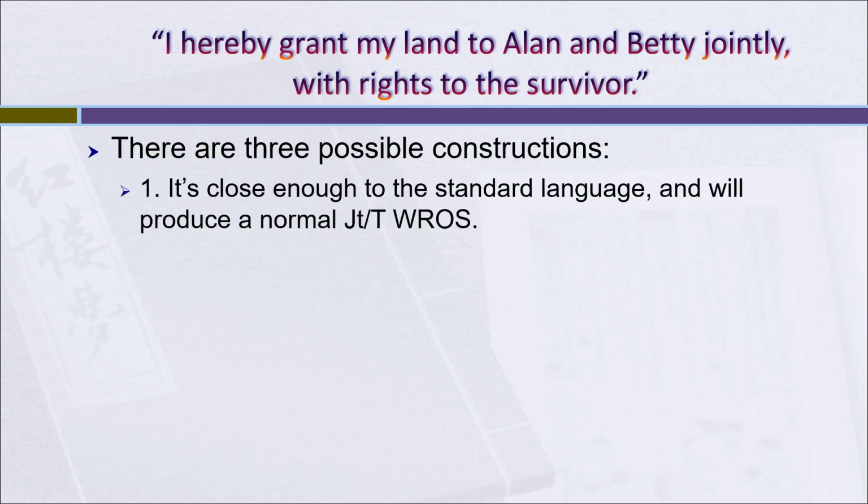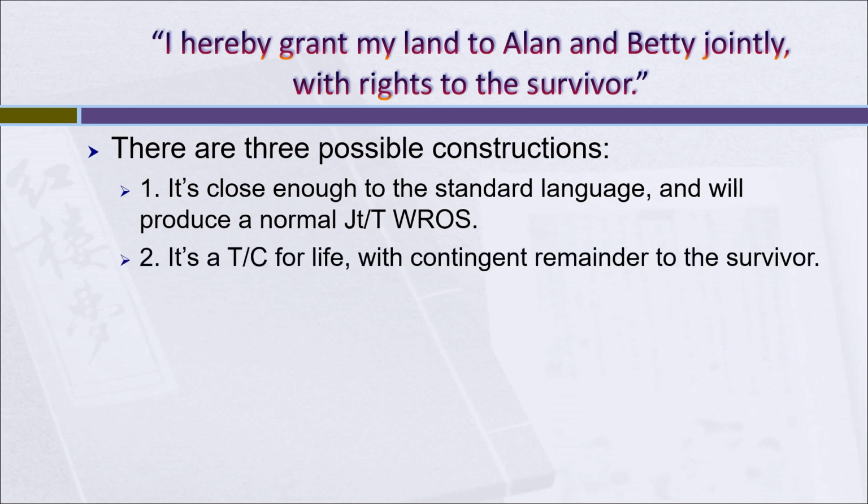Well, one possibility is to say, it's not exactly a joint tenancy with right of survivorship, but it's pretty close and maybe close enough that a court will consider it to be a normal joint tenancy with right of survivorship. A second possibility is that a court will find it's a tenancy in common for life with a contingent remainder to the survivor.